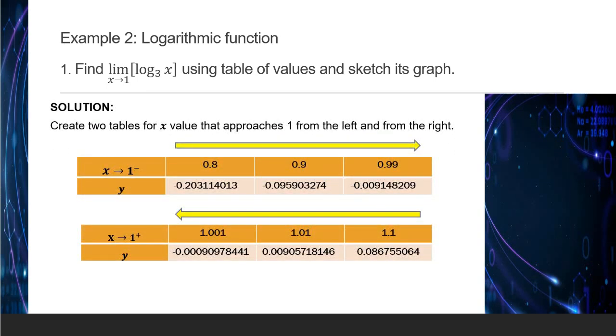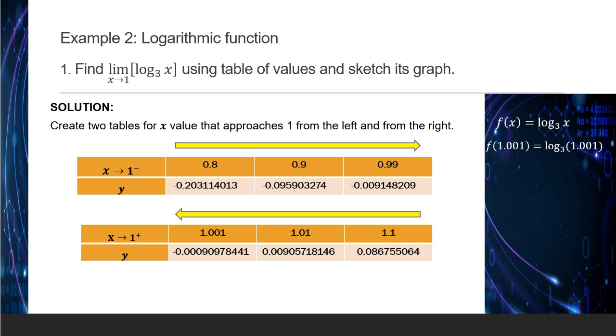Let us solve now the values of y as x approaches 1 from the right in the second table. So we have here now the values of y, but how will you get these values of y? Okay, same procedure as the first table. Our given function is logarithm of x to the base 3. So get the value of y if x is 1.001.